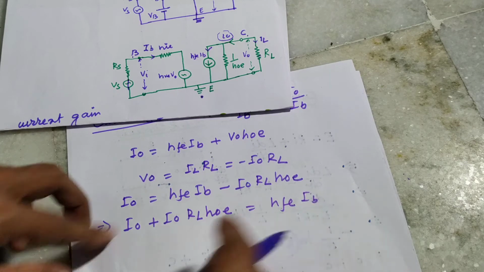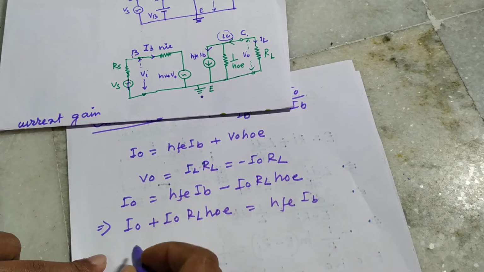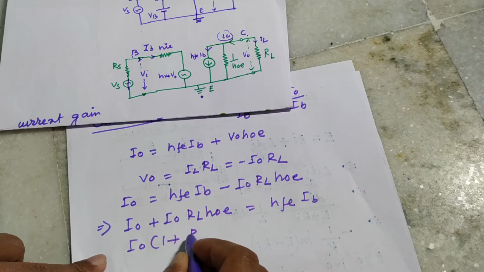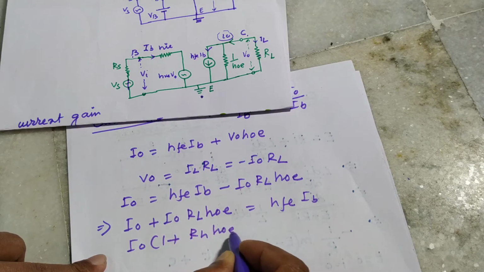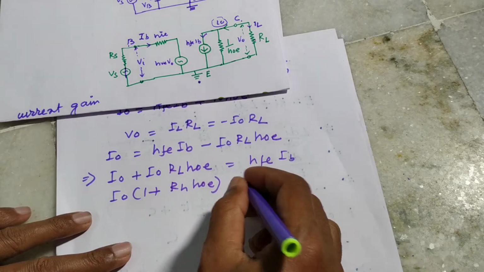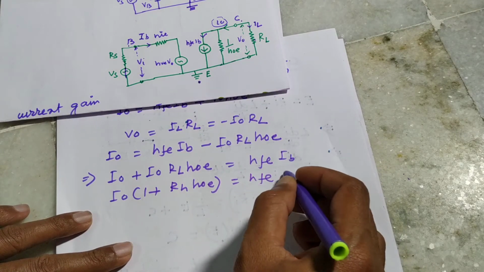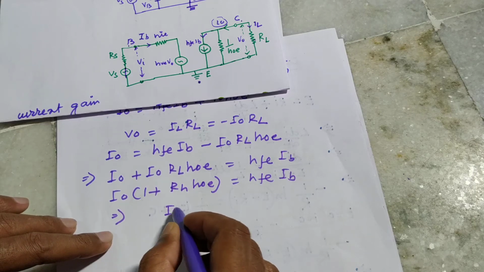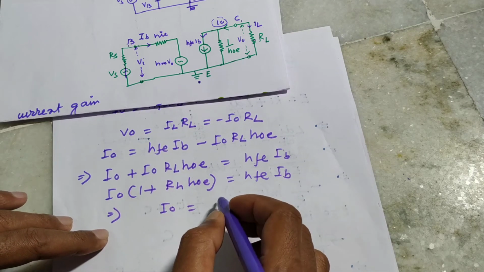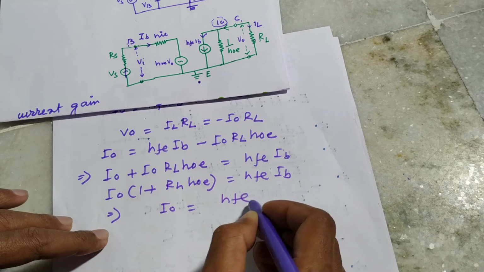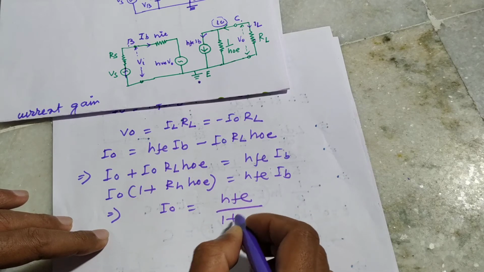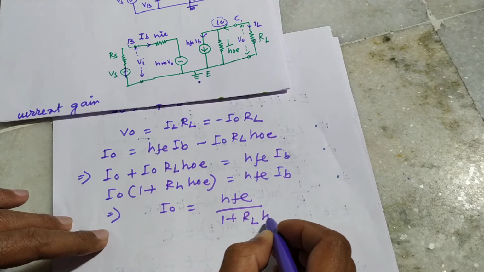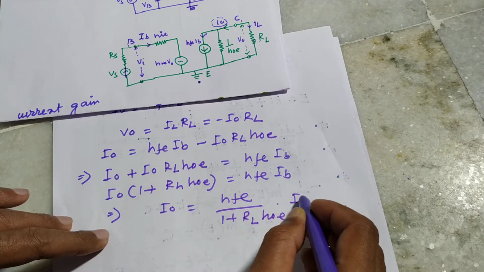After rearranging the equation you can write I0 into (1 plus RL hoe) equal to hfe into IB, or I0 is equal to hfe by (1 plus RL hoe) into IB.